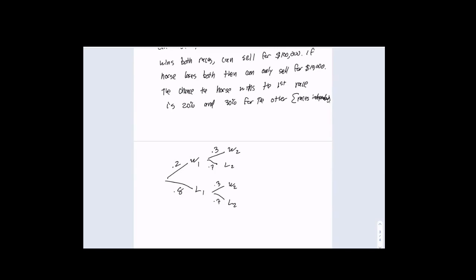So remember when we calculate the probability of winning both, we multiply. The chance that he wins both races would be 0.2 times 0.3, which is 0.06. The chance he loses both races would be 0.8 times 0.7, which is 0.56.